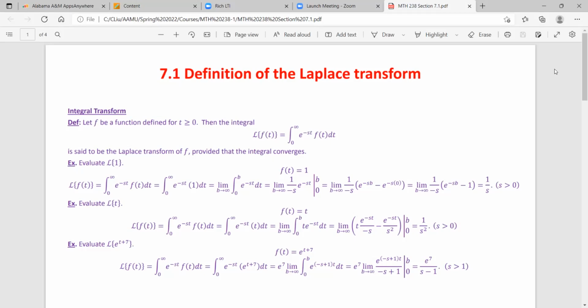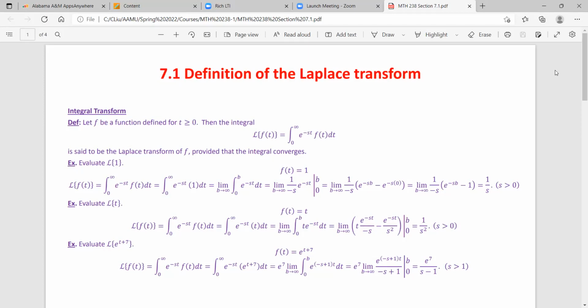You get e to the negative st plus t for the integrand, and after you factor out t from the exponent, it becomes e to the negative s plus 1 times t. Okay, and then you integrate this thing from 0 to infinity, and using the definition of improper integral again, you integrate from 0 to b and take the limit as b approaches infinity.